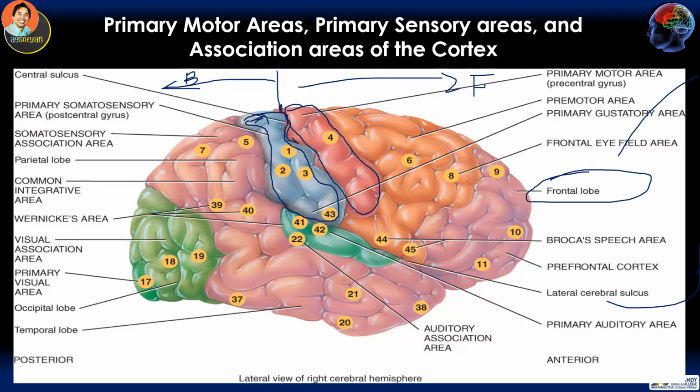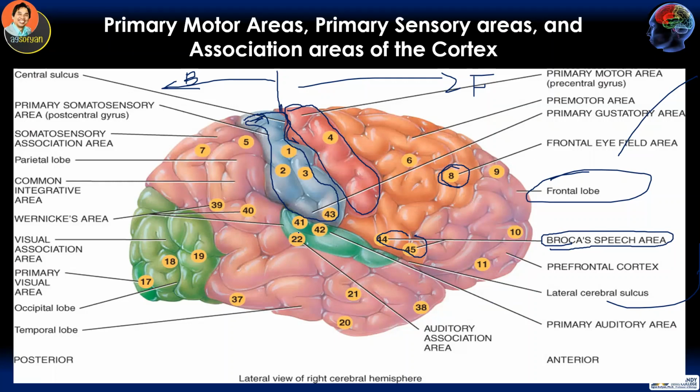This is the association area in the frontal lobe. This is the one that moves our eyeballs. This is Broca's speech area, again still in the frontal lobe. This is the one that moves our tongue when we speak. What we speak is controlled by this Broca's speech area.